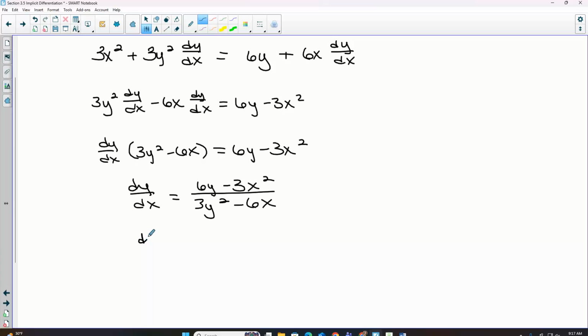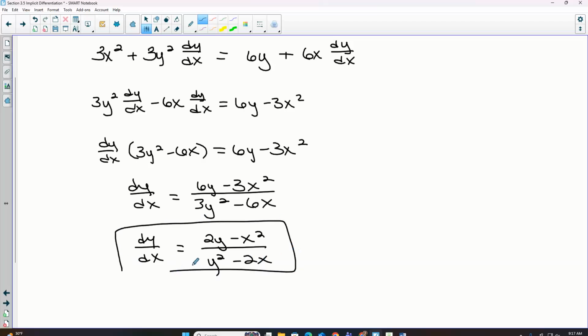If you can reduce, I would like for you to do so. What could you divide all of those by? 3. Get 2y minus x squared over y squared minus 2x. What questions do you guys have?